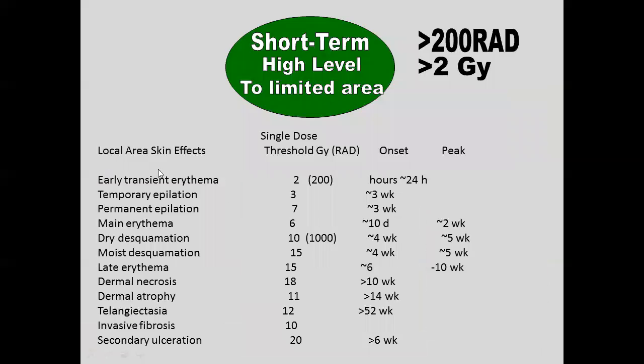And like I said, 2 gray, it's very rare you would see something like that. At 3 to 7 gray, which is our average angioplasty at the VA, the chance is very small. It can happen, but only if it becomes a very complex procedure.